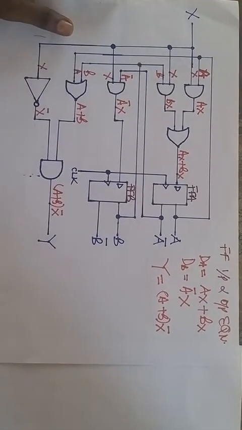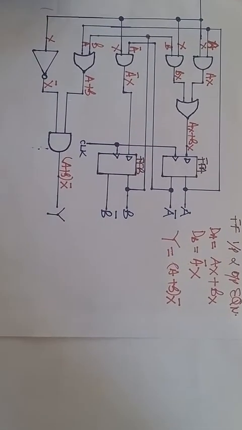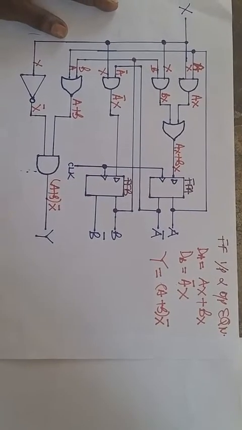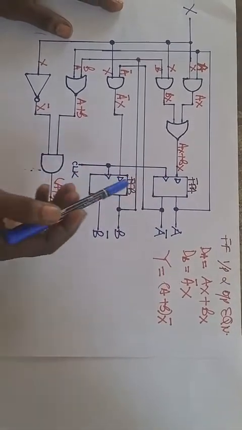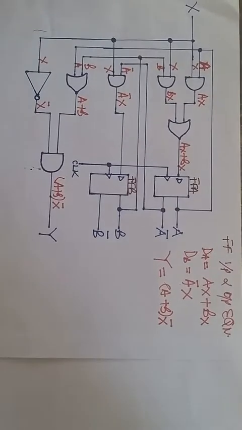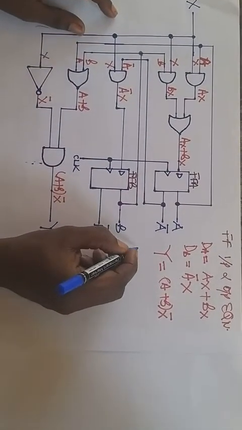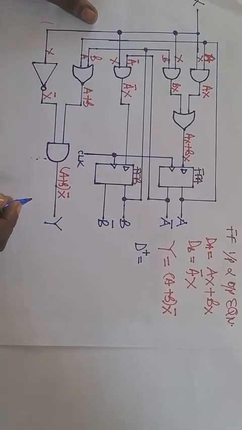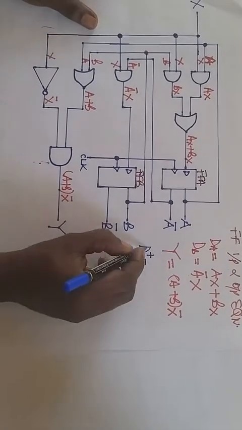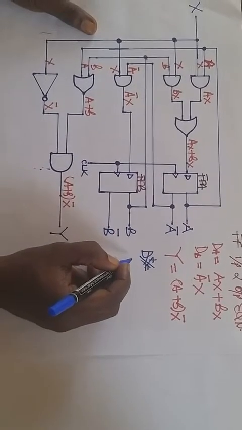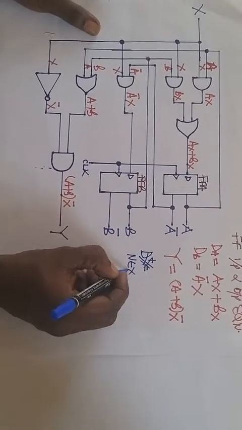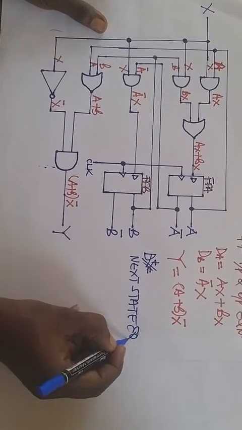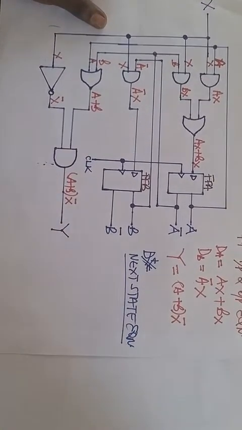So the next thing to do is to write the characteristic equation for our flip-flop. Luckily, we were given one type of flip-flop, that is the D flip-flop. So for a D flip-flop, you know the next state, that is the characteristic equation. Let me write the next state equation. That is what we want to look at.